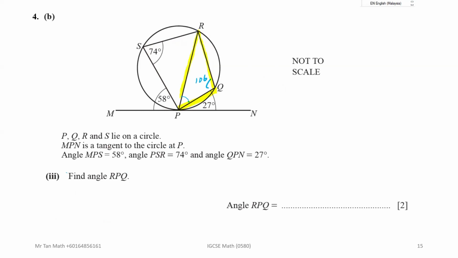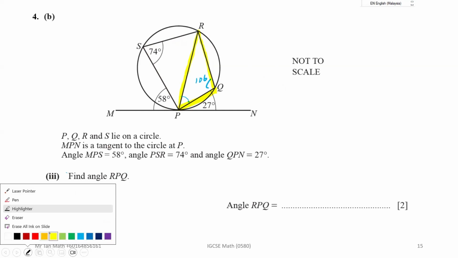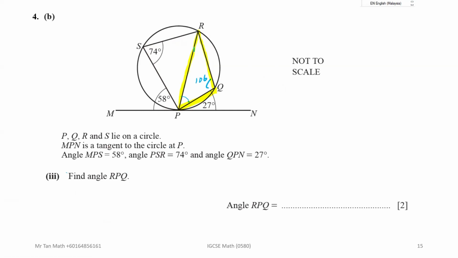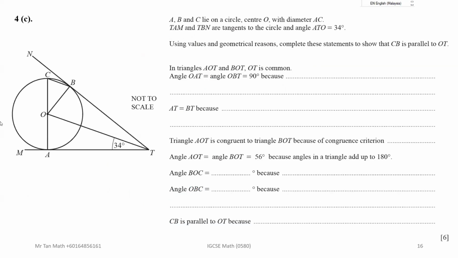It's another alternate segment theorem, so this angle will be the same as these two. This will be 27. So they add up to 180: you take 180 minus 27 minus 106, and you get 47.